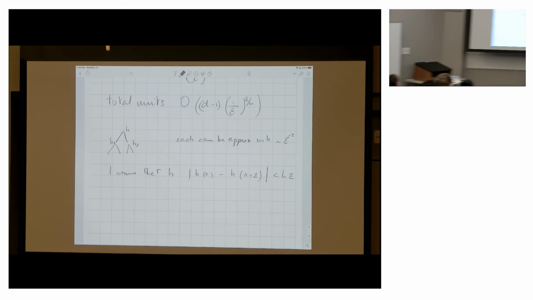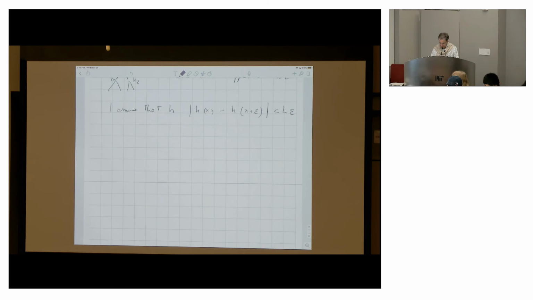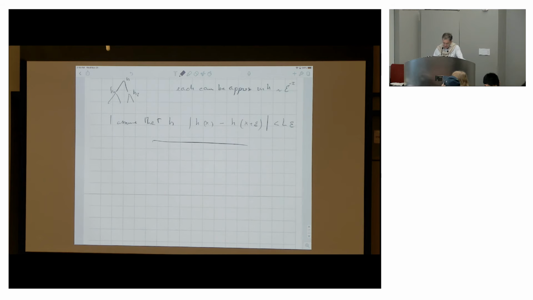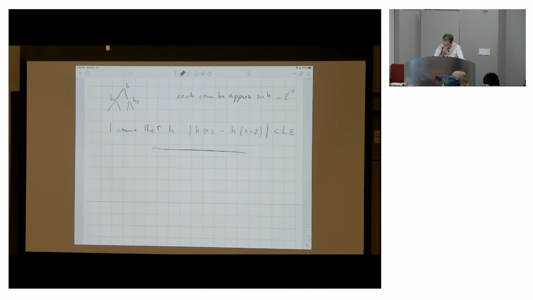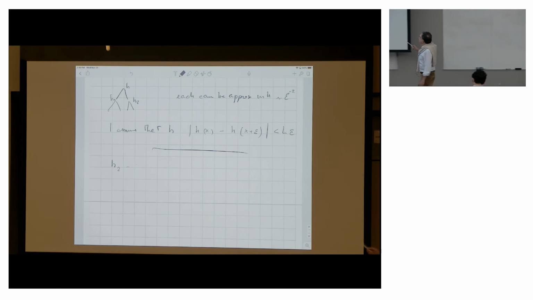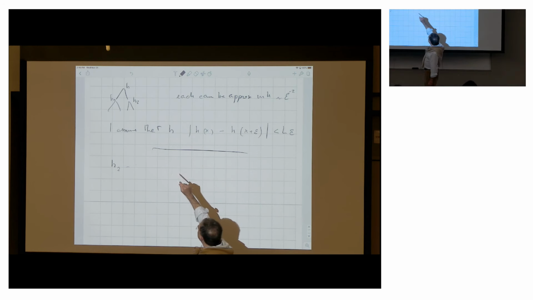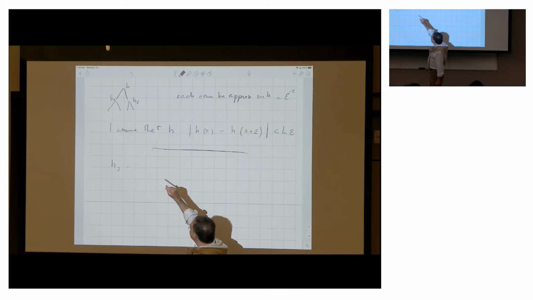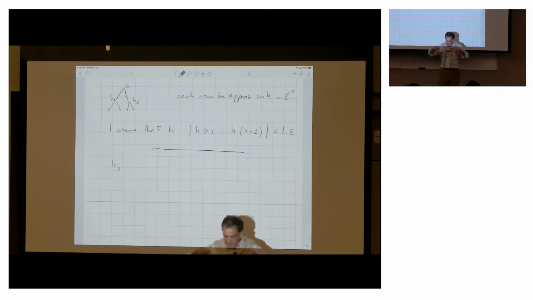And then I say I have that H2 minus p2. I basically want to show that by this construction, if I have a local approximation by h2 to a polynomial and h1 to a polynomial, then since it's an approximation, there will be an error.